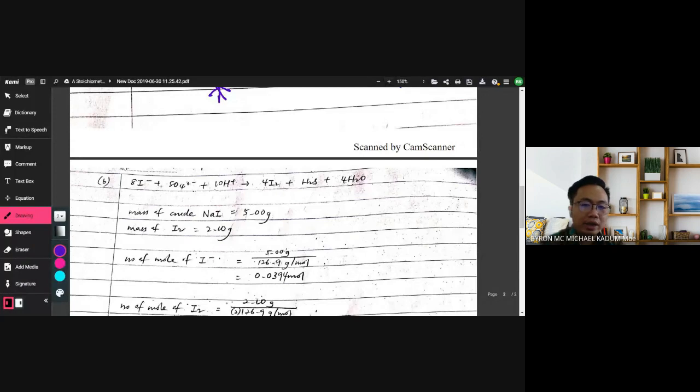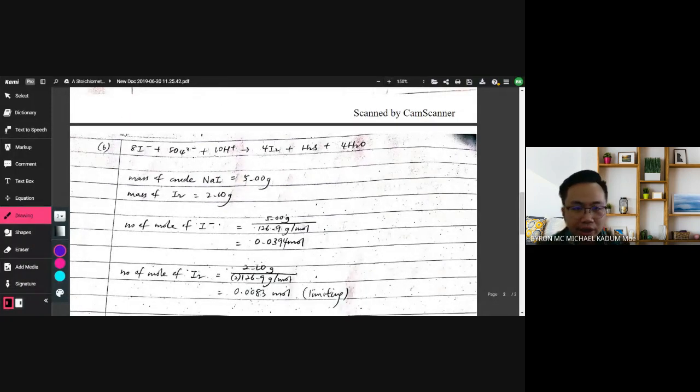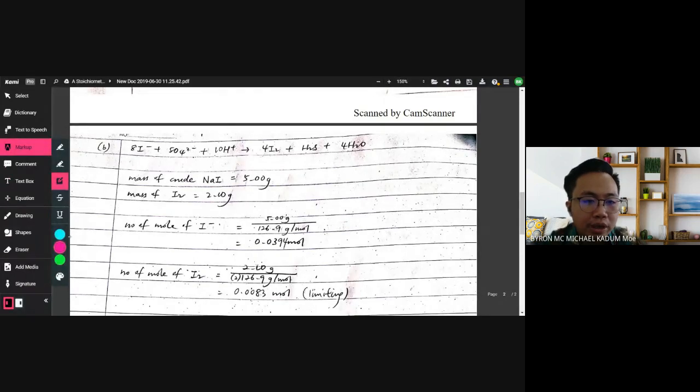Okay, so we're going to use the balance equation that we have got just now. And then what you need to do is kita akan buat dia punya mass of crude. Kita tulis. Ini adalah mass of crude NaI. Crude maksudnya dalam 5 gram itu, again I repeat, bukan hanya NaI yang wujud dalam sampel tu, ada benda-benda lain. Okay, benda-benda lain.